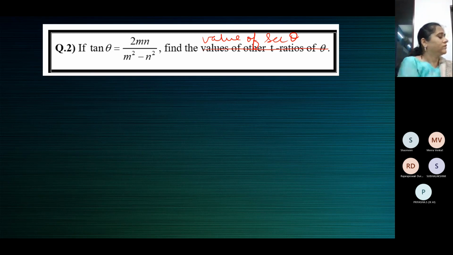What have you written? 4 and by whole square is there. No, you don't apply the whole square for the denominator. The whole square you should write. All right, so Hitesh has worked it correctly.